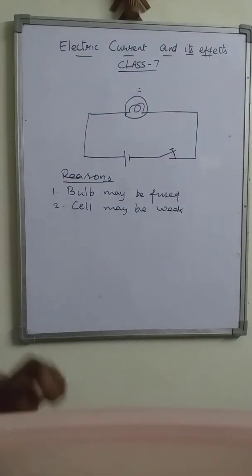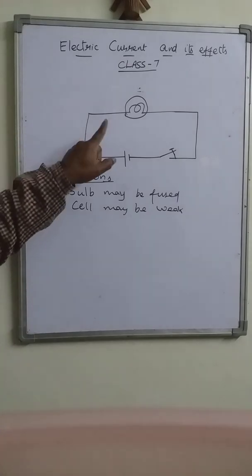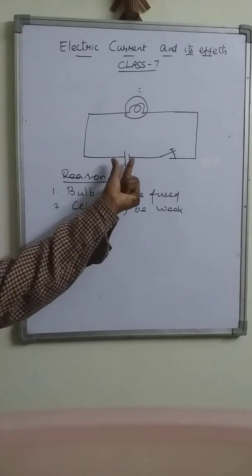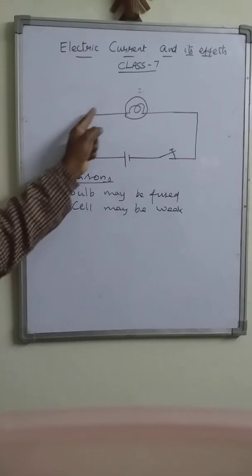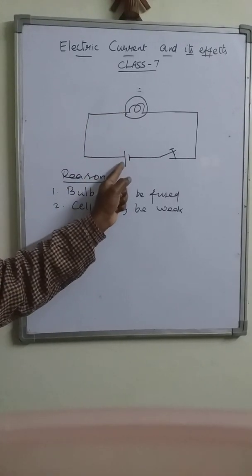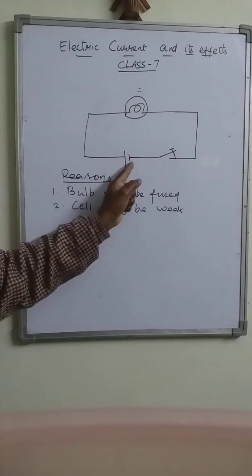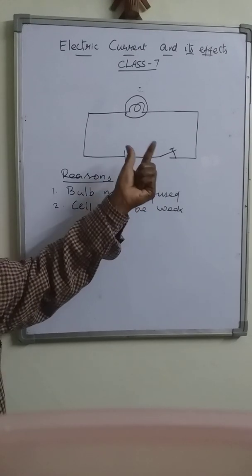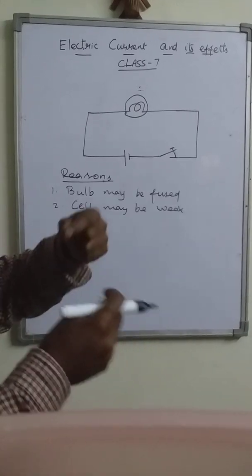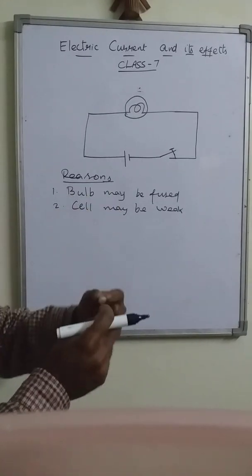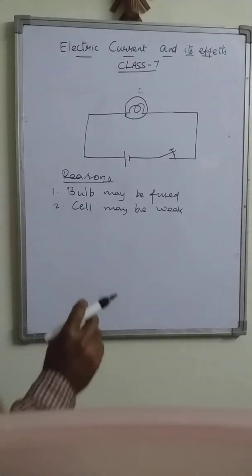Right? And then the other reasons, the connections. The cell is connected with the bulb along with the connecting wire, and the cell is connected with the key with the help of connecting wire. While connecting these components together, there may be a loose connection.